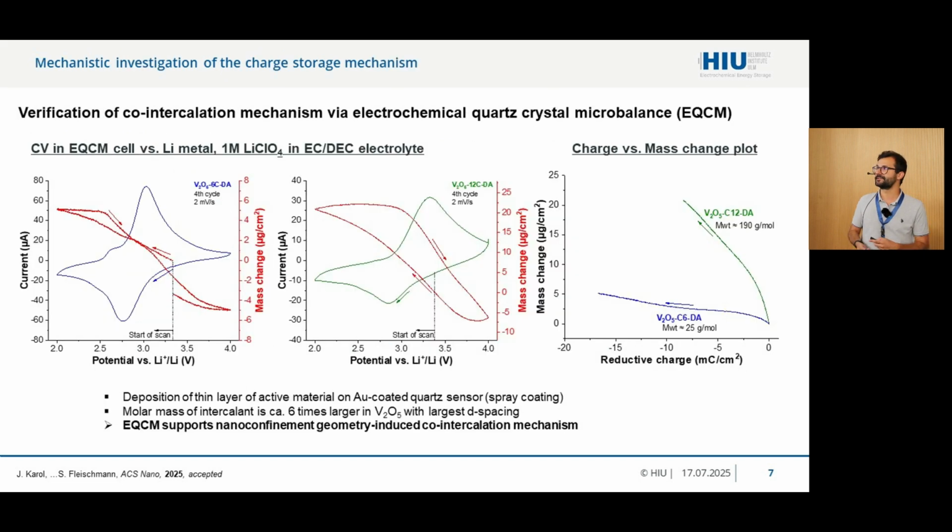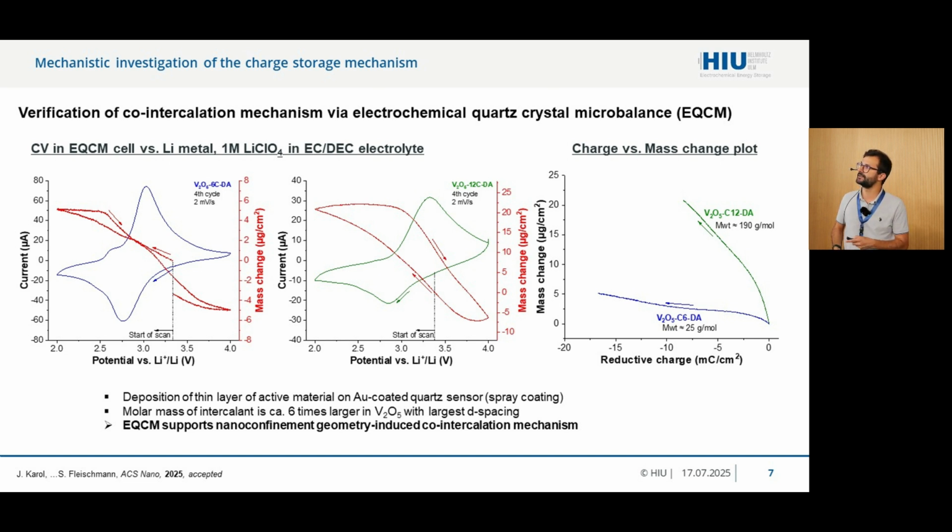One method that is really suitable to check whether desolvated or solvated ions are intercalating is EQCM, electrochemical quartz crystal microbalance. Here we track frequency changes at certain potentials, from which we can calculate mass changes via the Sauerbrey equation.